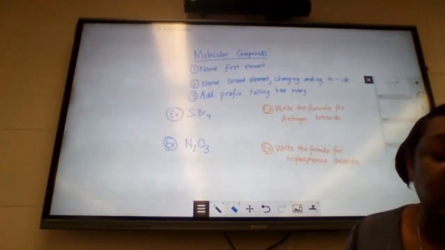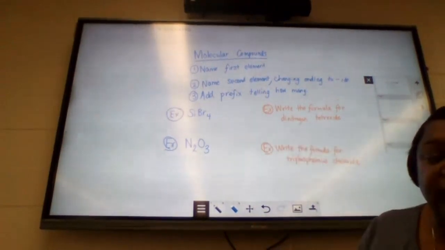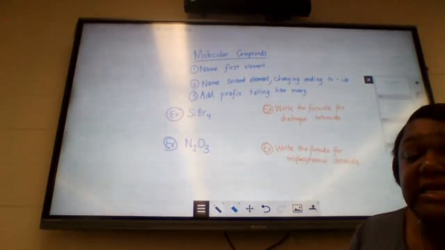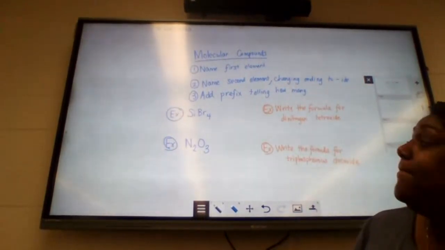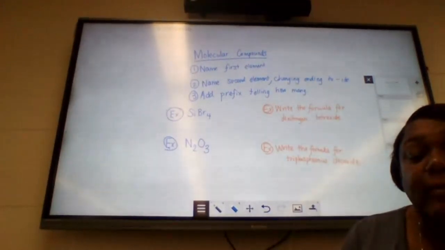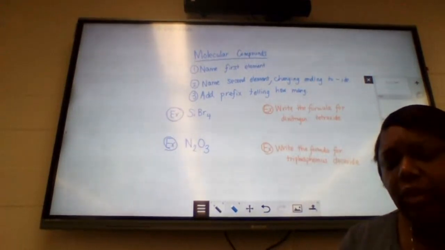They do change a little bit, but they don't change that much. But I have them here. You just name your first element. You name your second element, again changing the ending of that name to IDE. But now when you're dealing with molecular compounds, you have to go back and add a prefix telling you how many of each one you have.